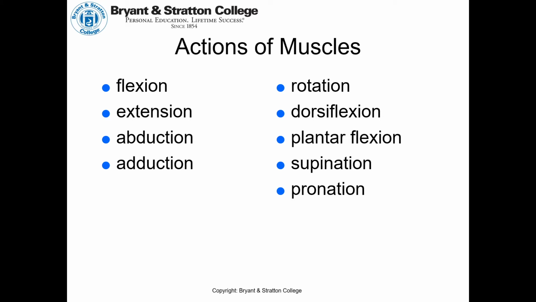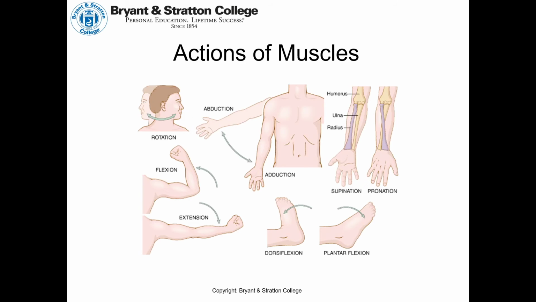Supination is the same as inversion, and pronation is the same as eversion. Supination and inversion essentially make the plantar aspect of one foot face the other foot. Pronation or eversion is the exact opposite, where you try to make the bottom of the foot face laterally. So you see here descriptions of what these actions look like.